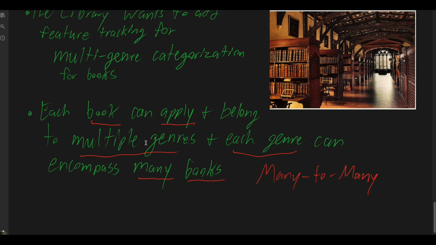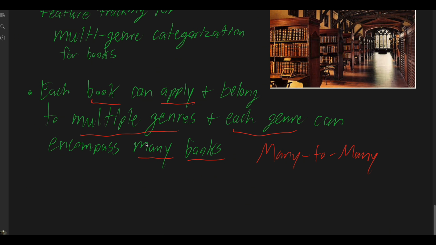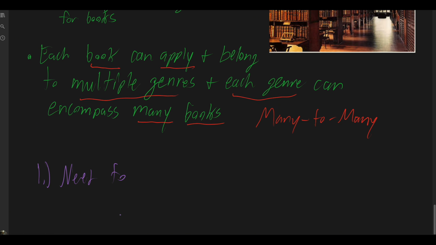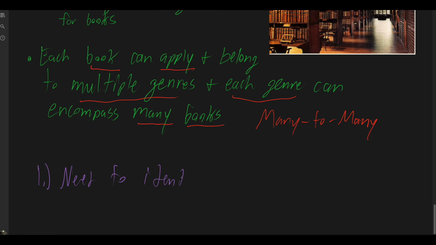Sorry about that, I just had to clean that up for that bug. What this already signals to us is that we still need to abide by our following steps. One, we need to identify the relationship type, which we already did up here.